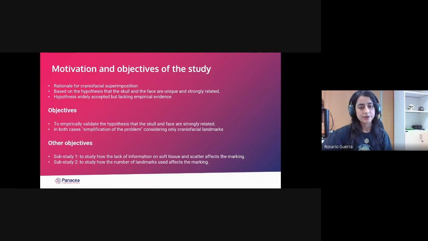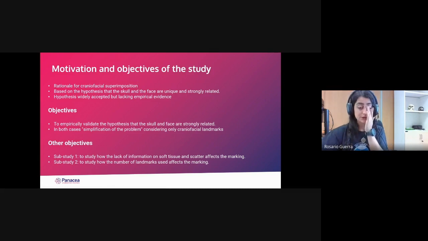There are actually two sub-studies within this study, but they are both geared towards the same objective: to test the hypothesis I mentioned at the beginning of the talk, that the skull and the face are unique and strongly related. This is a widely accepted hypothesis in anthropology, especially by specialists with a strong focus on craniofacial identification, but without actual empirical evidence. So we sought to test it empirically.